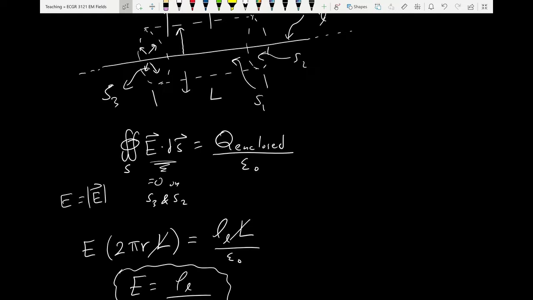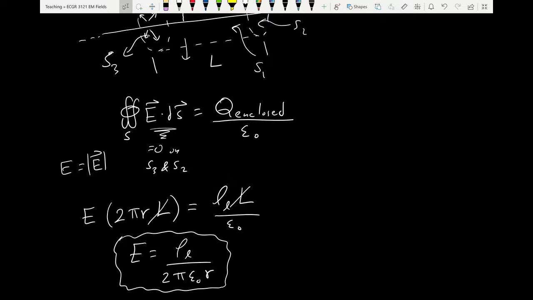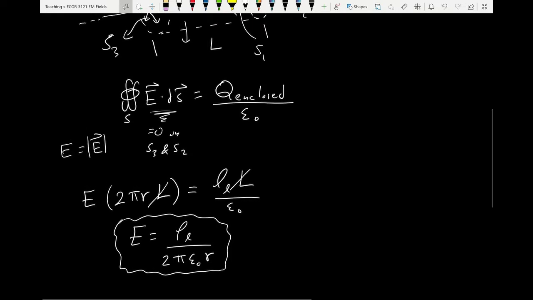Notice that we lost the vectorial information, right? Because we're doing a dot product, of course, so we're going to lose the vectorial information, but we can easily put it back in. This is a feature of applying Gauss's law, and it happens due to the symmetry. Things happen that way because of the symmetry of the Gaussian surface, right?